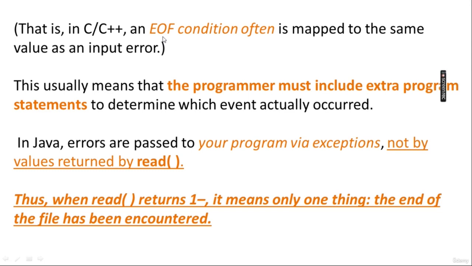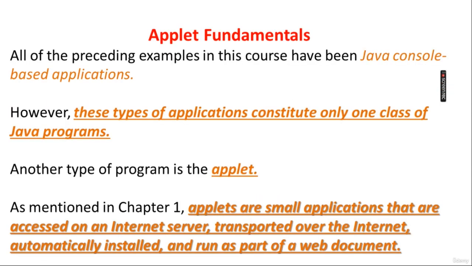So for exception handling, separate try catch blocks are given, and not the values returned by the read mechanism. When read returns -1, it means only one thing: end of file has been reached. All other types of error are caught by the exception handling mechanism, so you don't have to worry about any type of exception.